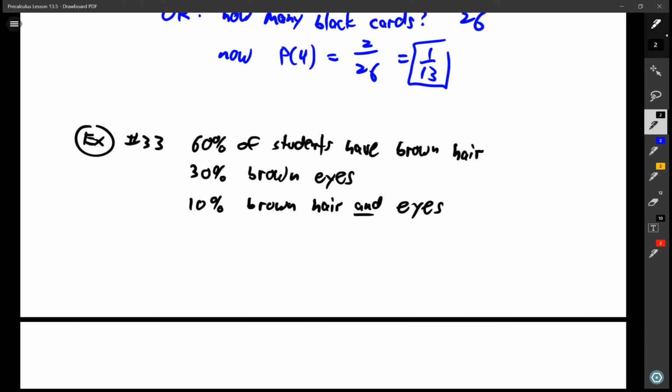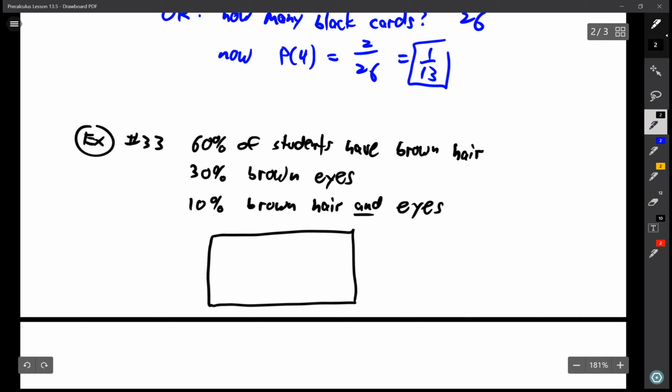Now, I like this kind of situation. I think it can be helpful to do a Venn diagram kind of a thing. So if we just did a rough thing like this, how I would set it up is I would assume we have 100 people, just to make the numbers easy. So we have 2 circles. We have a big circle for the hair, a smaller circle for the eyes. So this is brown hair.